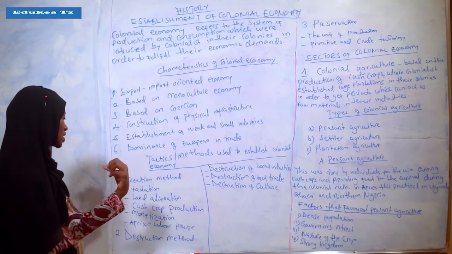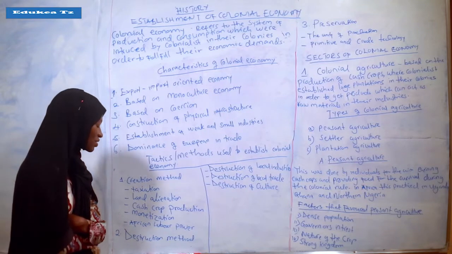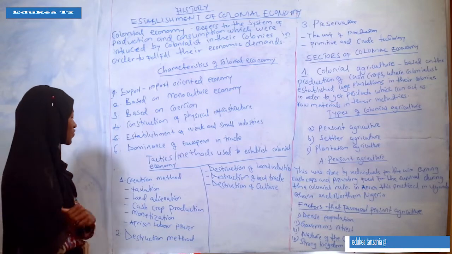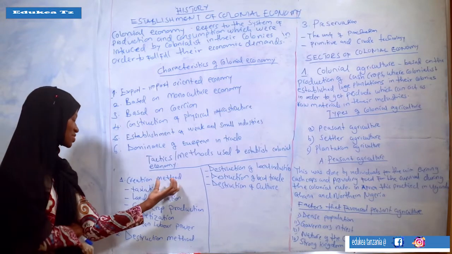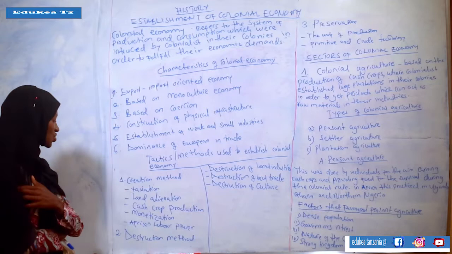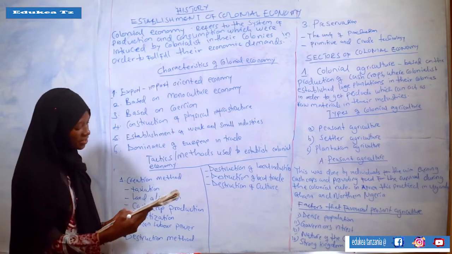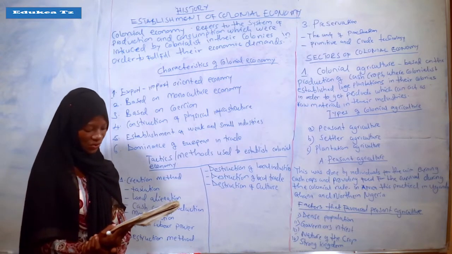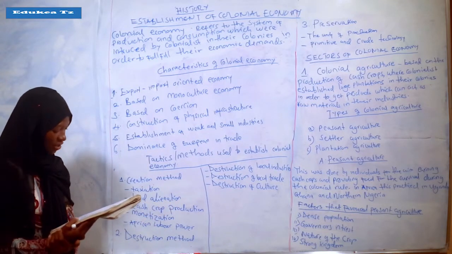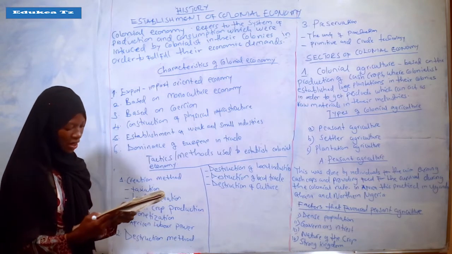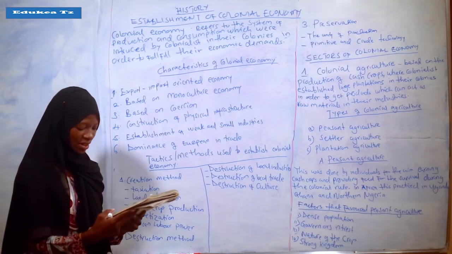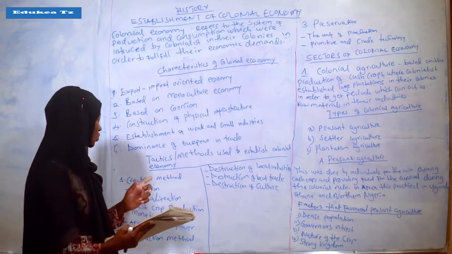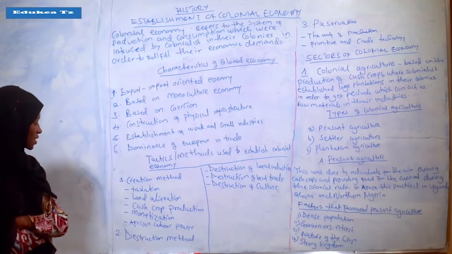Europeans created taxation. Creation means they created something which we were not used to before the coming of Europeans. Creation method, they came up with the taxation. Colonialists introduced the tax that had to be paid in cash, and those who failed to pay the required amount then had to produce cash crops and sell them to Europeans.